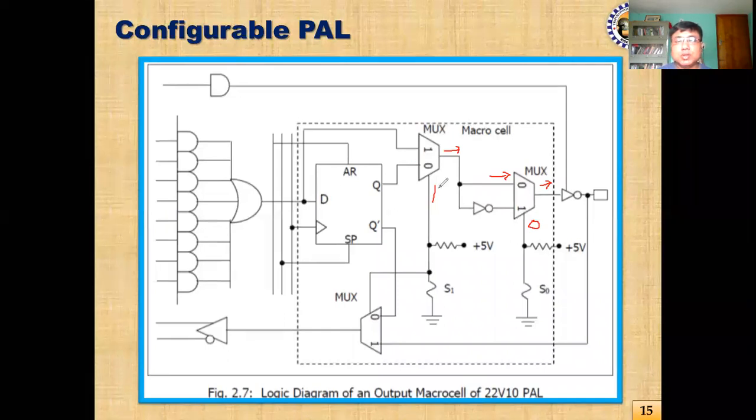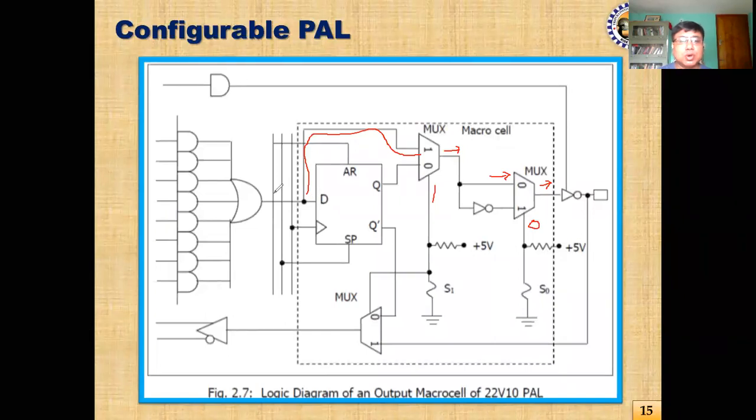Yeah. So if it is 1 and this is 0, then what will happen? This will come here and it will go to the output. So this is the combinational output. This combinational output of this OR gate is going to this multiplexer, and because this is 1, it will go to the output.